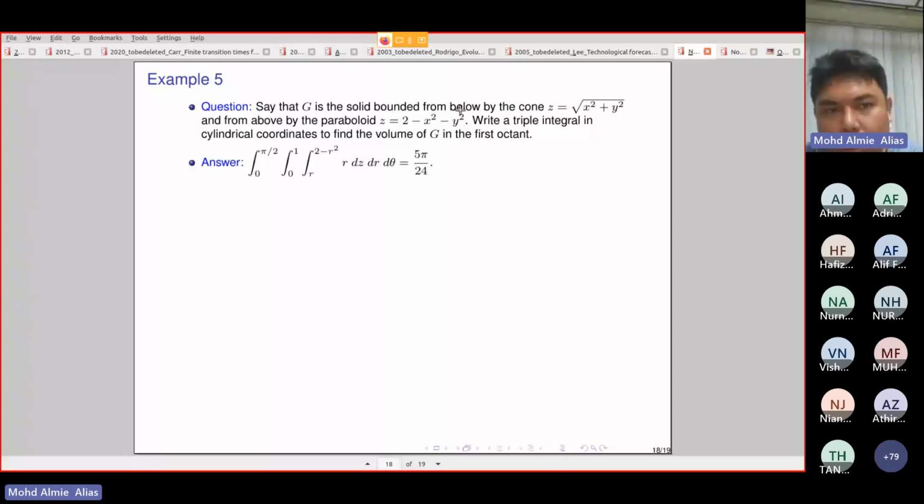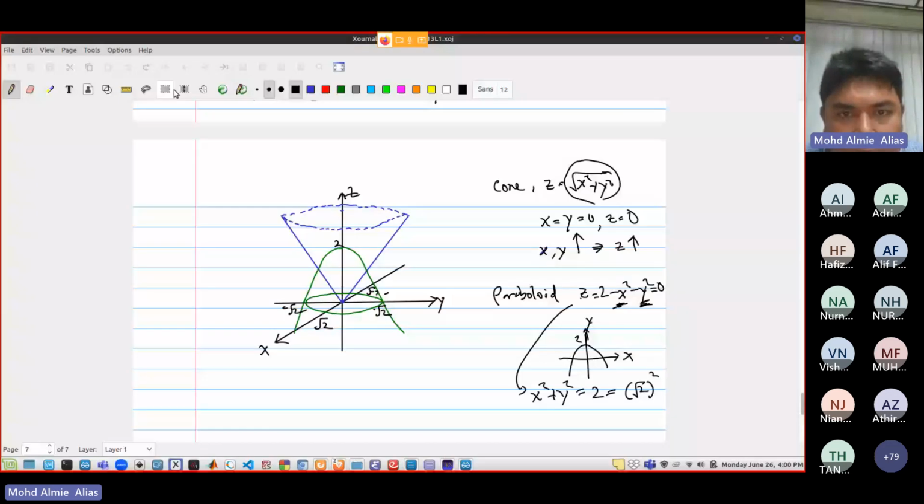Something like this. And then it says that the solid G is bounded from below by the cone, bounded from above by the paraboloid, which means that you just consider this. Of course, you have your intersection.